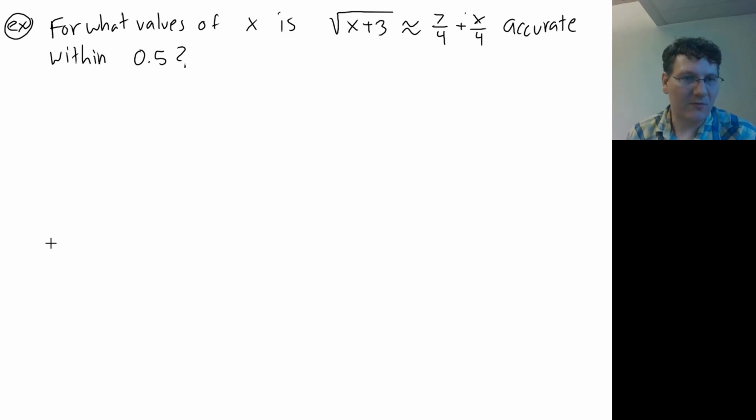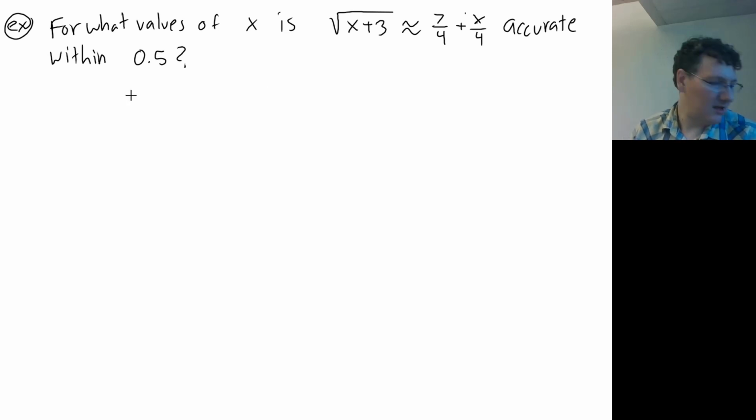So we want to ask, for what values of x is this approximation, square root of x plus 3 is approximately 7/4 plus x over 4? This is just the linearization we had in the previous example, just written in fractions. For what values of x is this accurate within 0.5?